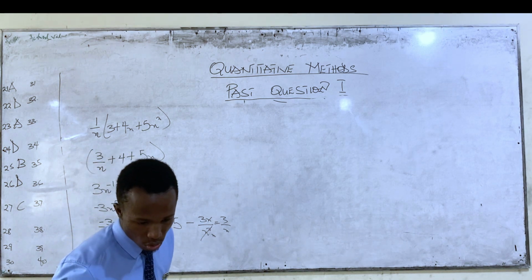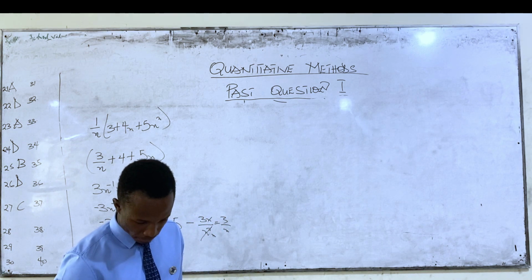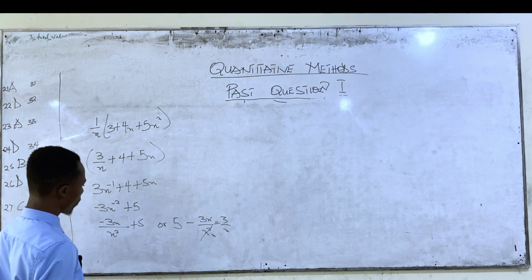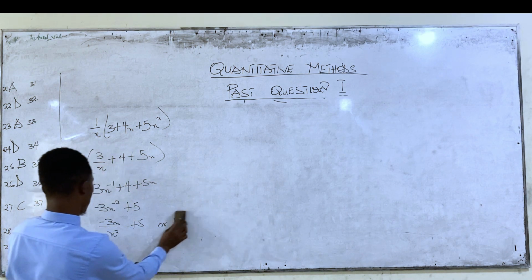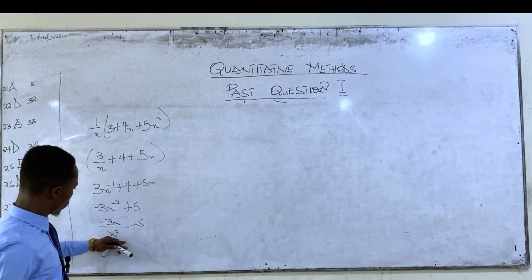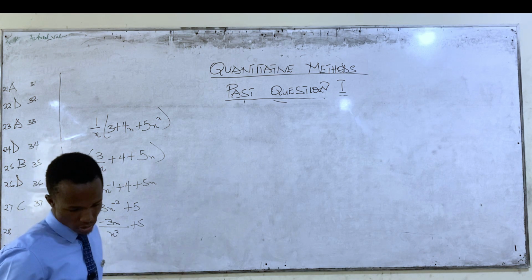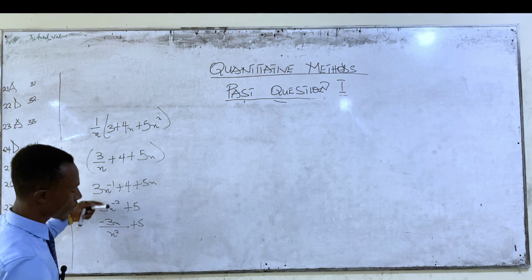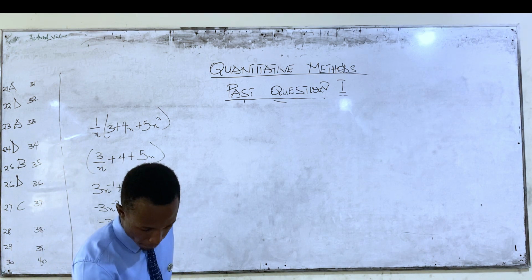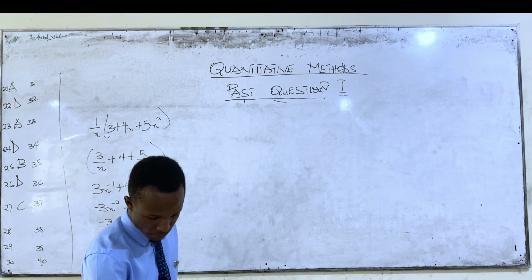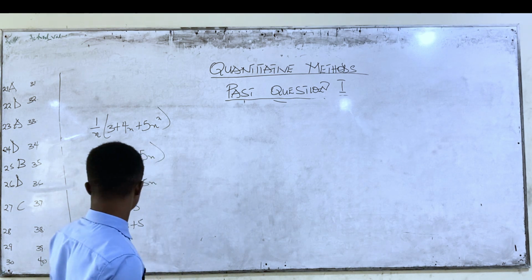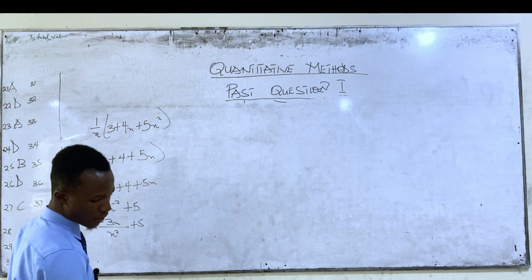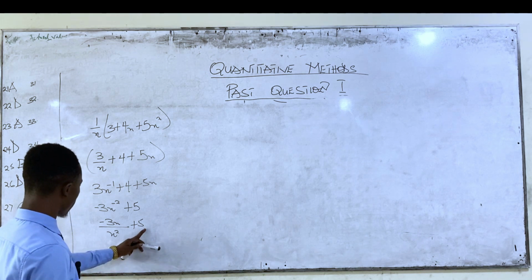Okay, so I think question 28. Let me clean this one. So where from this x is because we have it here negative. Negative 3 on x squared is here, plus our 5.